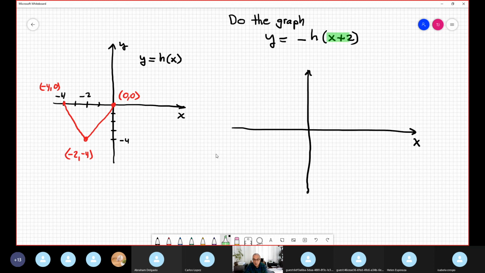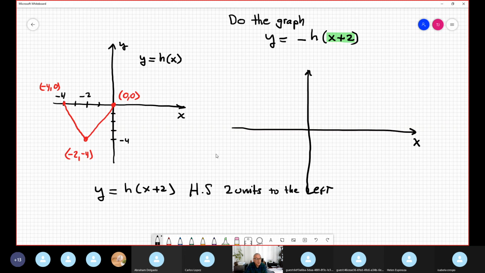Remember, the order of the operation determines the order of transformation, and you are working backward from the innermost operation, which is x plus 2. So this operation is y equal h of x plus 2. It's obvious that it's a horizontal shift 2 units to the left.